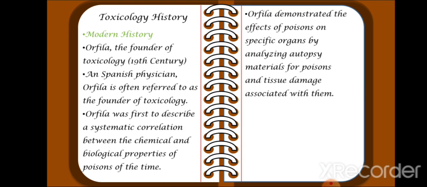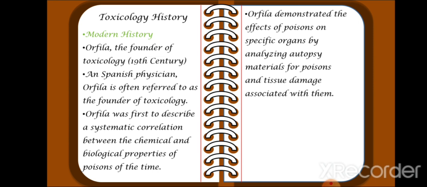In the modern times, Orfila, the founder of toxicology in the 19th century, a Spanish physician who is often referred to as father of toxicology, described a systematic correlation between chemical and biological properties of poisons of the time.